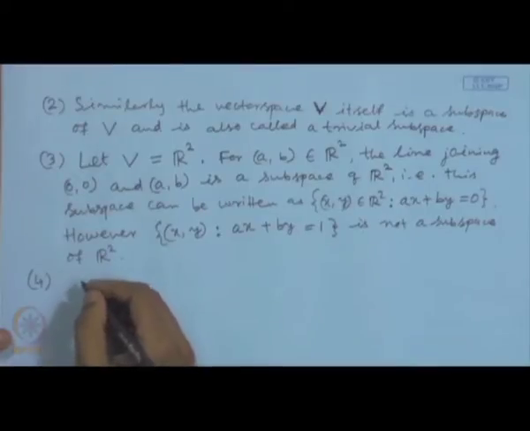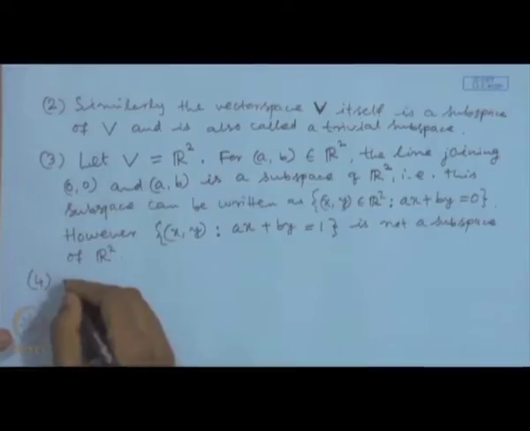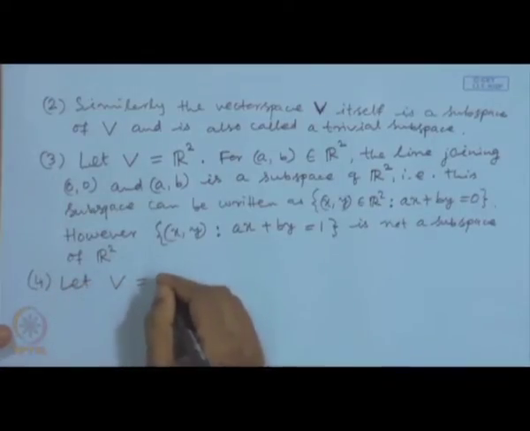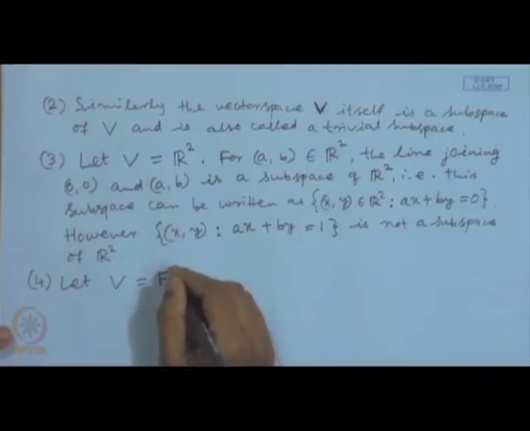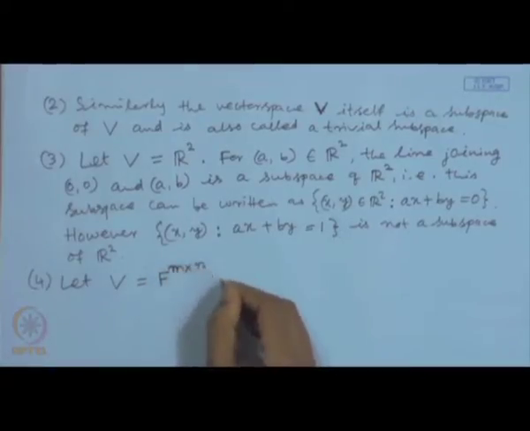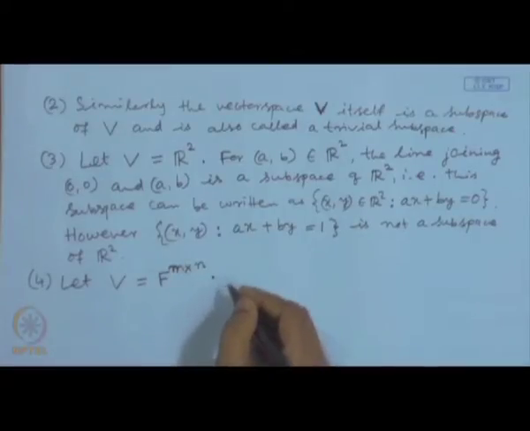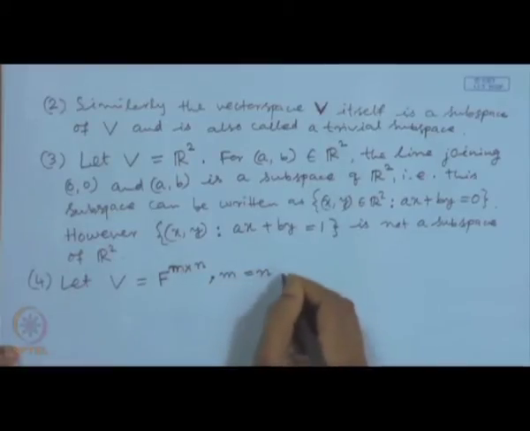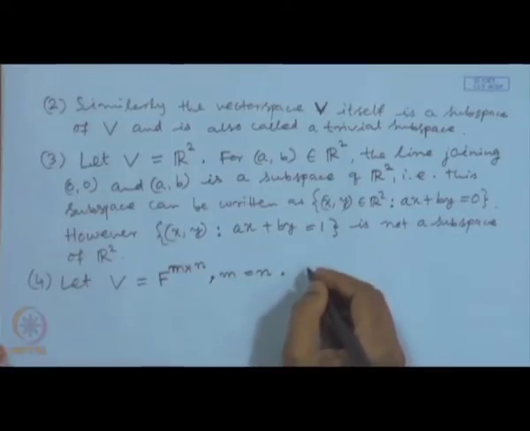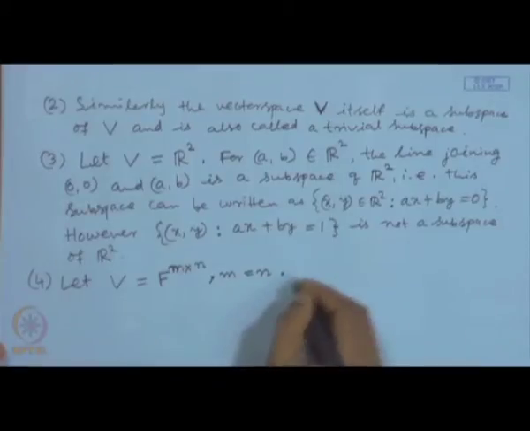So, now we consider V to be the set of all m by n matrices over F. Then the collection of all such matrices with m equal to n, the set of all n by n symmetric matrices, forms a subspace of V.